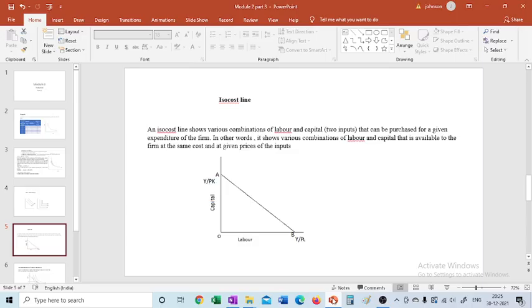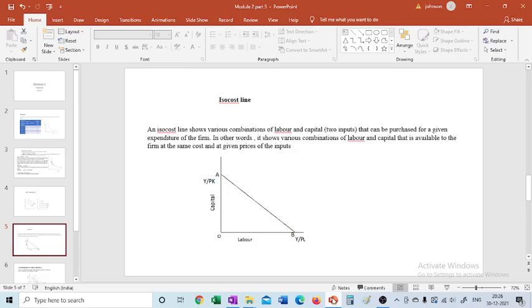That means with a given amount of money, how much of these two inputs can be purchased. In other words, it shows various combinations of labor and capital that are available to the firm at the same cost. That means the same amount of money at given prices of inputs. That is an iso-cost line.